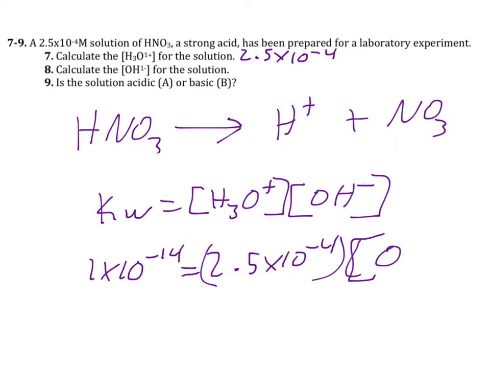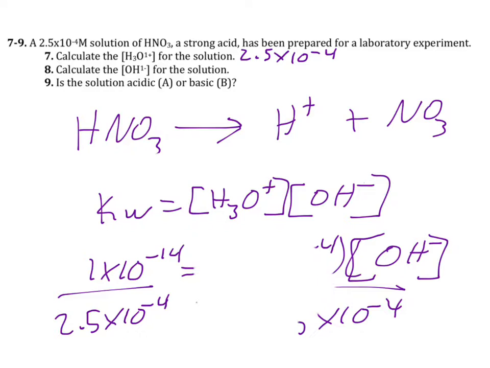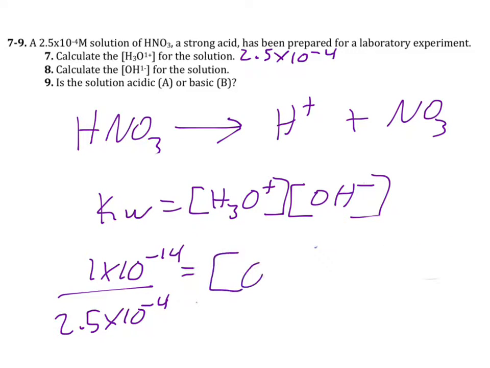And we do not know the hydroxide ion concentration yet. That's what we're solving for. And all we have to do is divide both sides by 2.5 times 10 to the negative 4. And when this happens, you end up with the concentration of the hydroxide equal to whatever that is. What you end up getting is 4 times 10 to the negative 11.